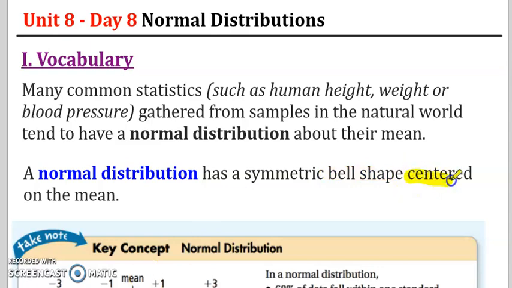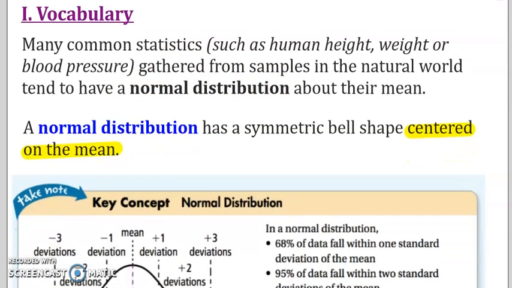So centered on the mean. So essentially that's saying we have a perfectly symmetrical distribution because if our center is the mean, well, the center is normally the median, isn't it? So that means our mean and the median are the exact same thing. So anytime you see normal distribution, assume the mean is in the middle.